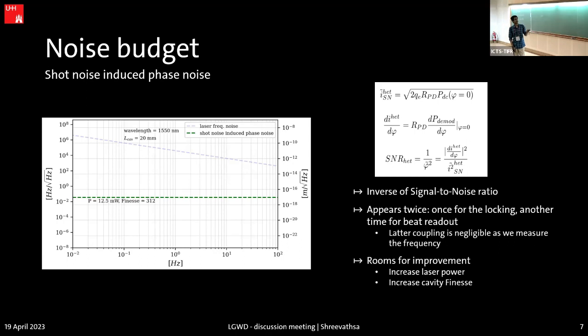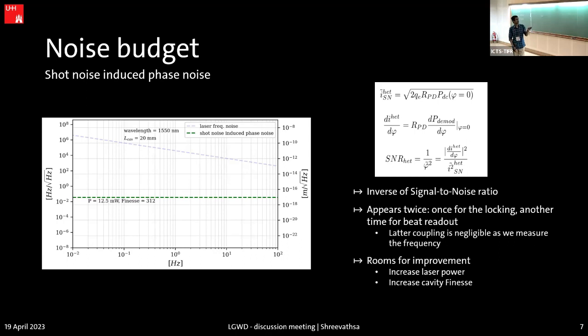But what we are interested in is the signal to noise ratio. So you have a DC power increase. If you increase the laser power, it increases the shot noise, but the information is in the demodulation signal that we use. So then you take the signal to noise ratio, and the inverse of the signal to noise ratio is what we call the shot noise induced phase noise here.